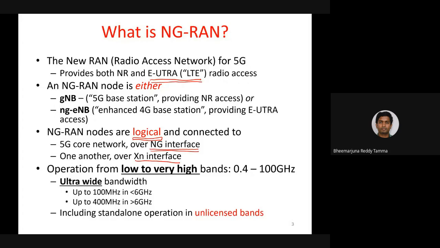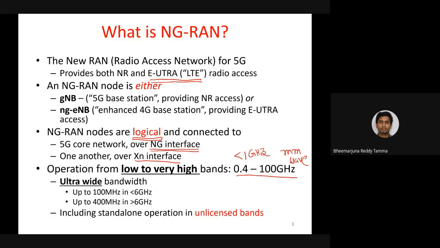Again, we'll look at this in today's class as well, where these nodes can operate at extremely low bandwidth and all the way up to high bandwidth. We are talking about using sub-1 gigahertz spectrum bands, all the way up to millimeter wave.